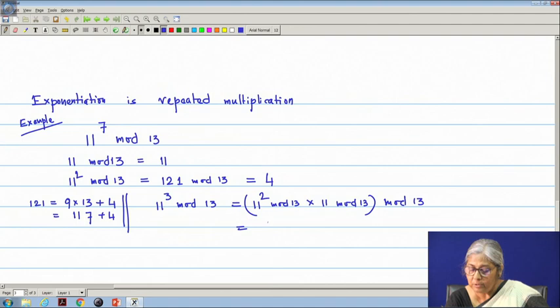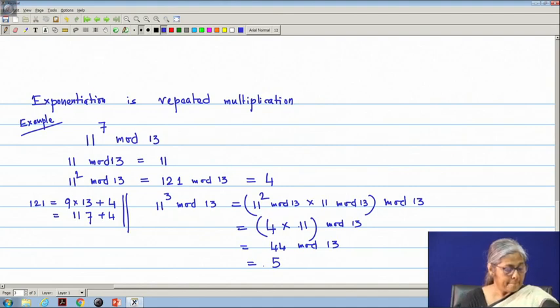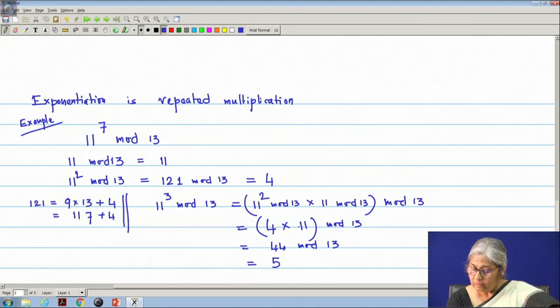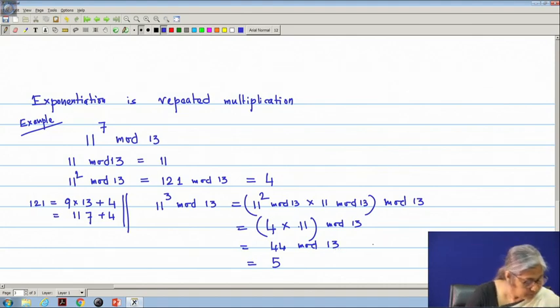We have just seen that 11 square modulo 13 is 4 and 11 mod 13 is 11, modulo 13, and that is 44 modulo 13. So, this will be 5. Four into 11.